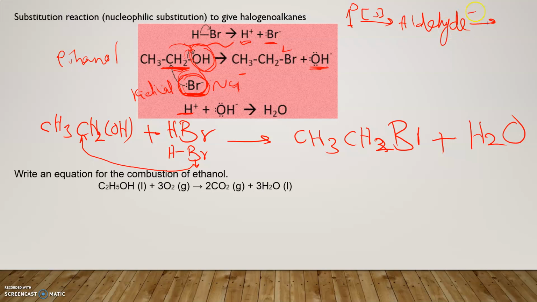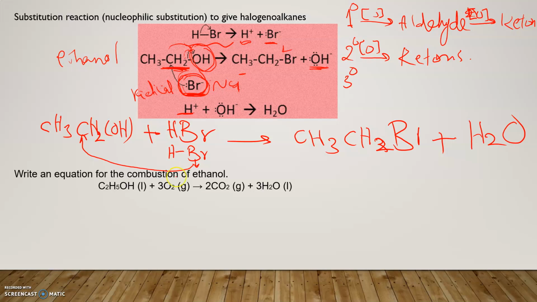And then the second oxidation turns it into carboxylic acid. For the secondary, it can only be oxidized once and turns directly to ketone because it has only one hydrogen. And the tertiary actually cannot be oxidized because there is no hydrogen attached to the carbon.